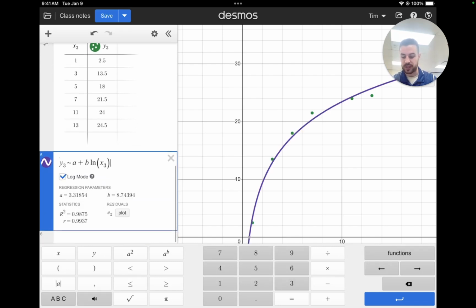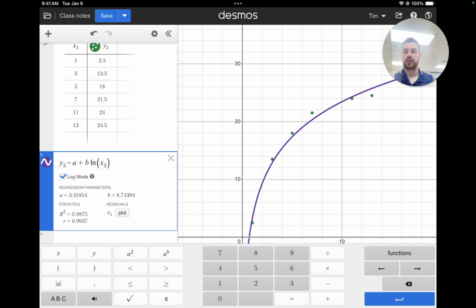Now, once again, we can see that we have our a and our b values, and then r squared listed as well. So again, r squared is essentially going to tell us, hey, the closer it is to 1, the better fit our model, our equation, is to the data we are given. 0.9875 is a very good fit, so it tells us that this is a pretty good representation of our data.